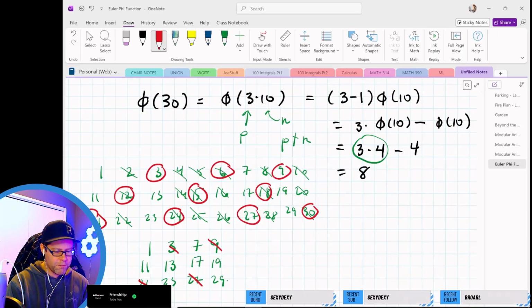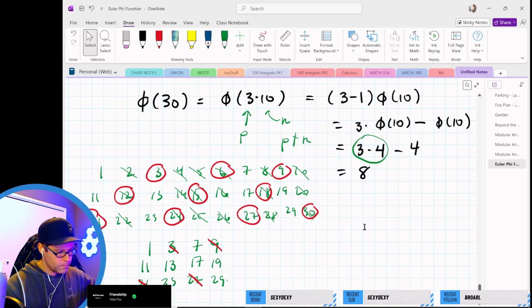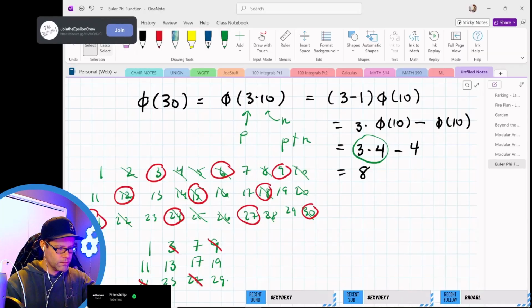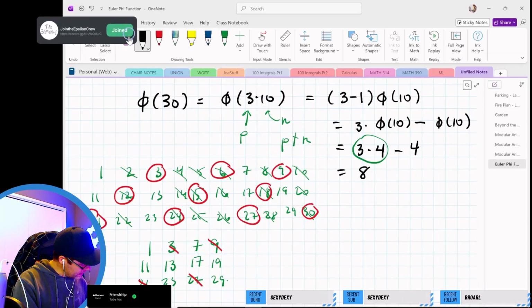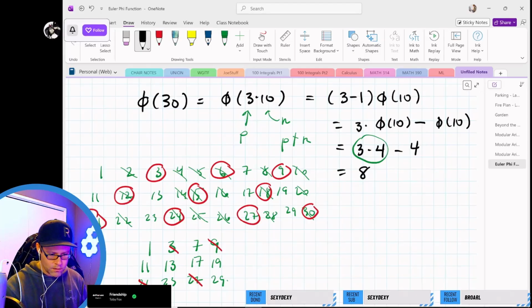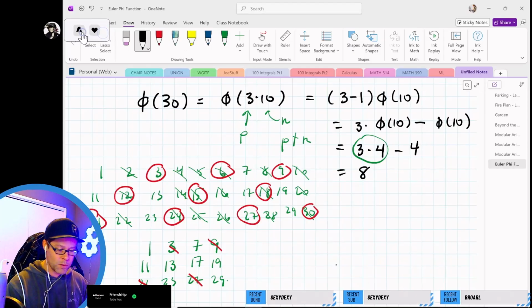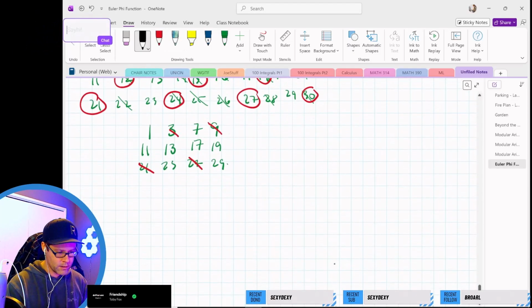So there were only 4 other multiples of 3 we needed to remove on our way up. All right, so I think with those two lemmas, we can now prove the general case.